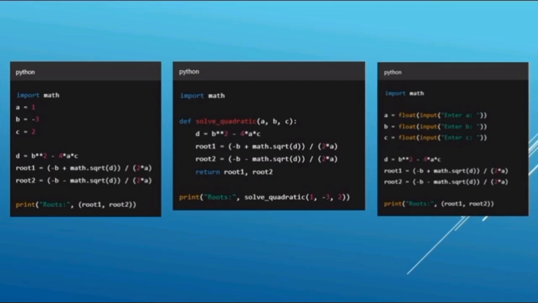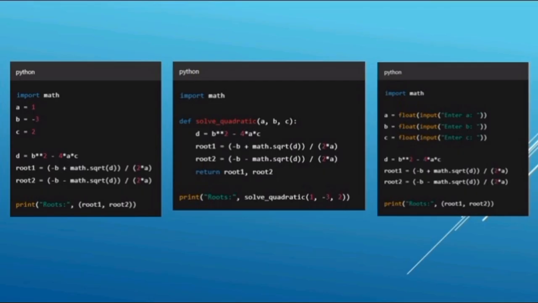Then the same formulas as before, root 1 equals formula, root 2 equals formula, and you just need to return root 1 and root 2. Next, the print statement, you just need to call the function in the print statement, that's it.